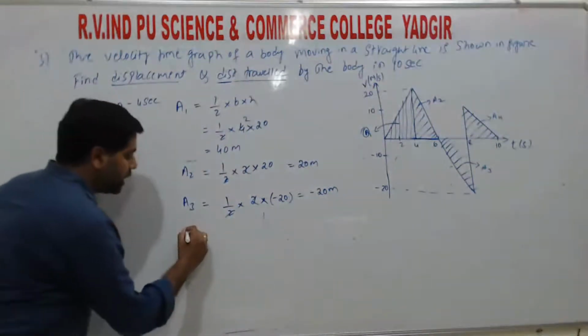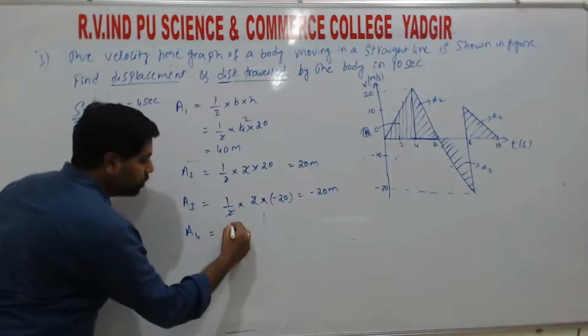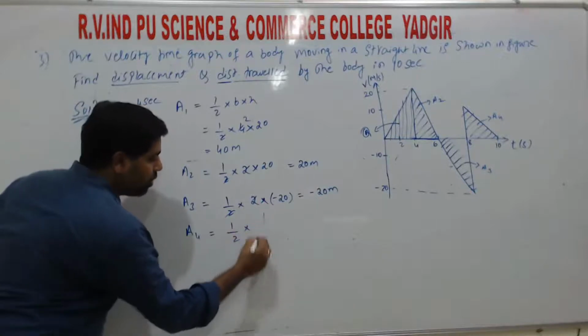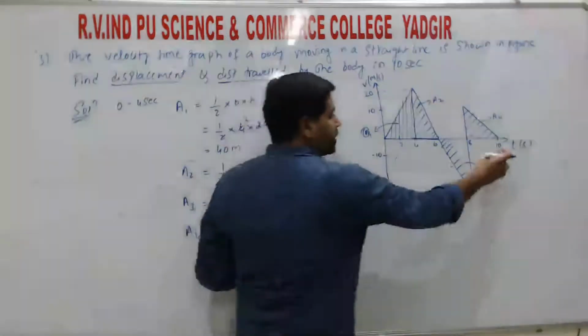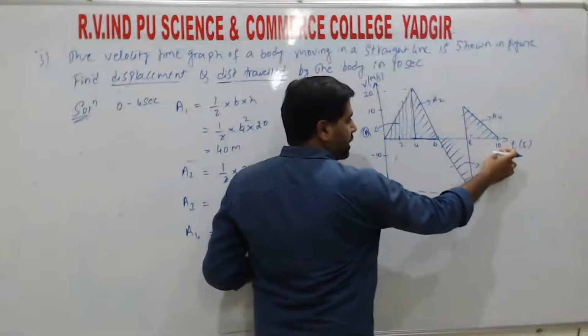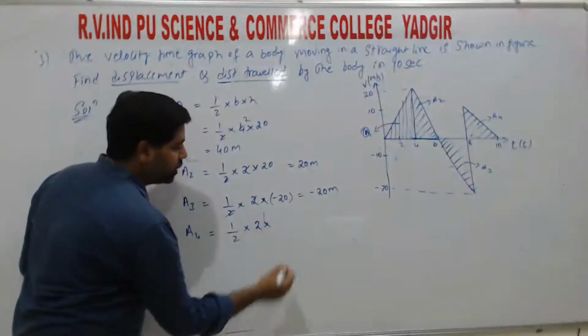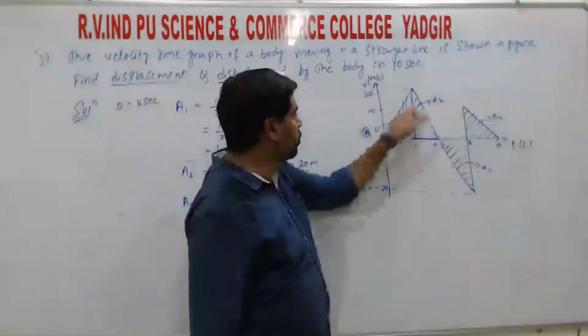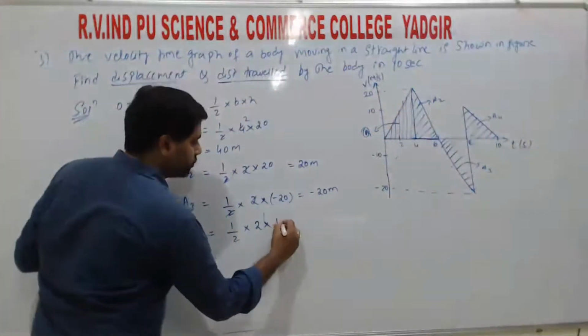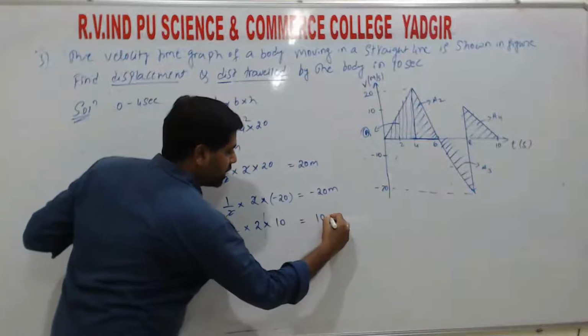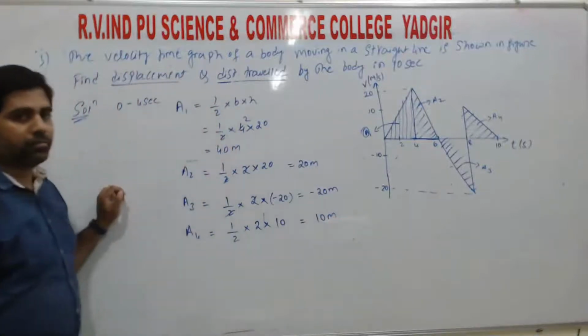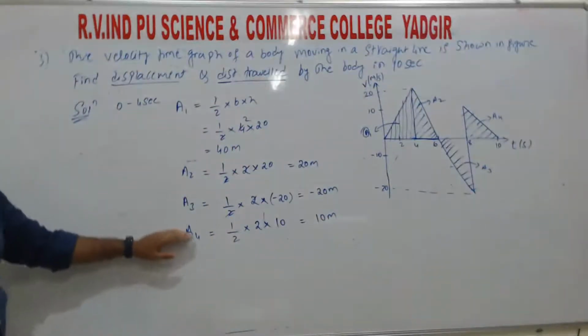Next, area A4. That is also a triangle. Half into the time, that is length, 10 minus 8, 2. Right? So 2 into height. So height is how much? 10. So again here we get 10 meter. So these are the areas.